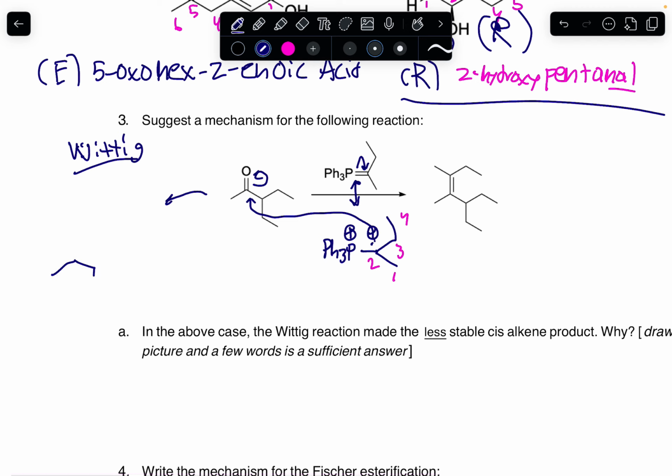So we're just drawing the original molecule here. The positively charged phosphorus, and then we just have a methyl and an ethyl group coming off. So something like that. It may seem obvious to you that negatives attack positives, so that is going to be what happens in the next step.